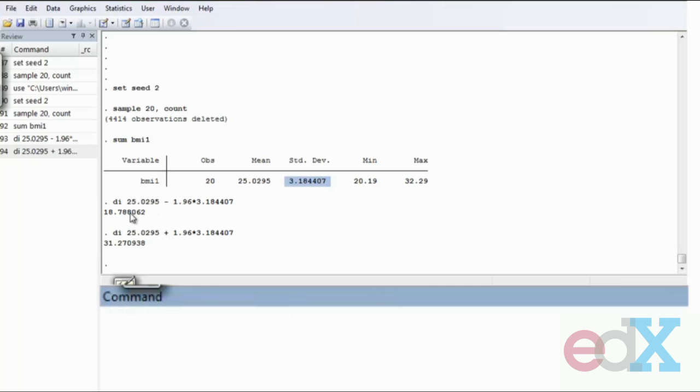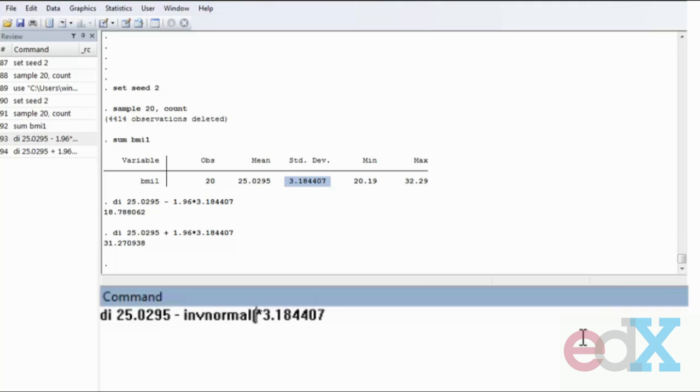Just do x bar minus 1.96 times my standard deviation to get the lower bound, and then plus to get my upper bound.